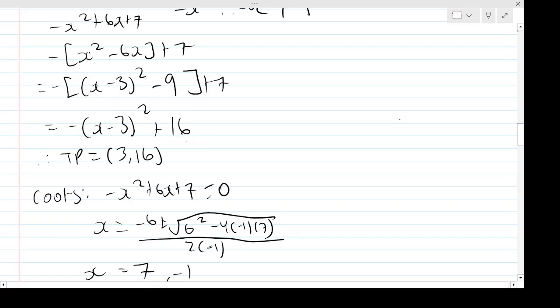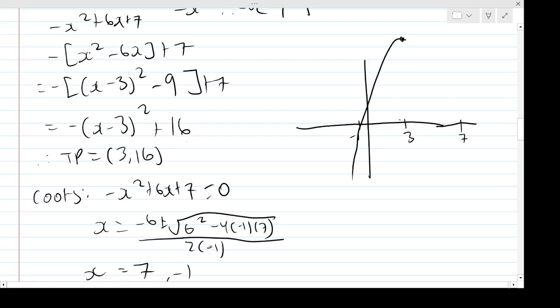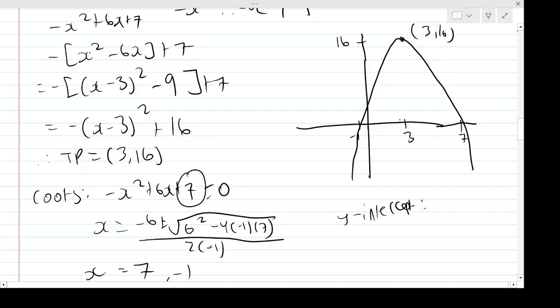So now I can sketch my graph. It's a frowny shape, a turning point at (3, 16), so it's going to be up here somewhere, and then the roots at 7 and minus 1. And then the y-intercept, again when x is 0, that's just going to give me 7.